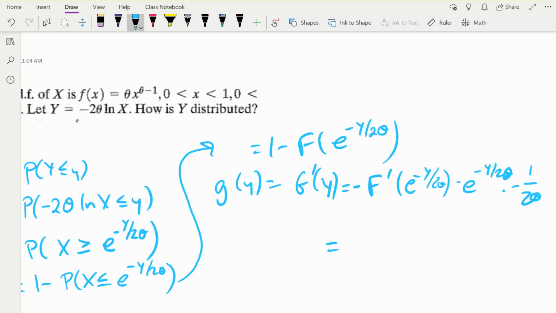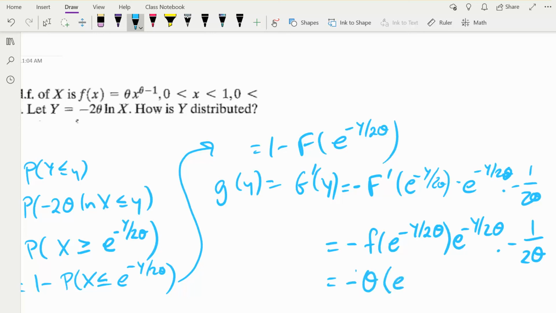This now goes in where? In the PDF, right? So we get negative theta times e to the minus y over 2 theta to the theta minus 1, yes?